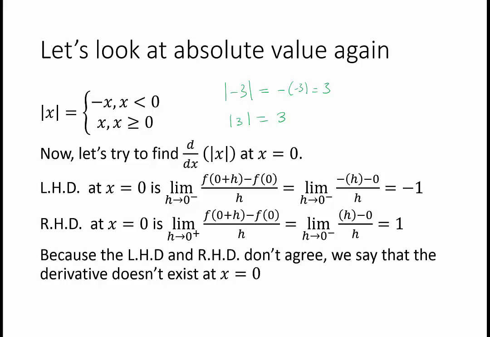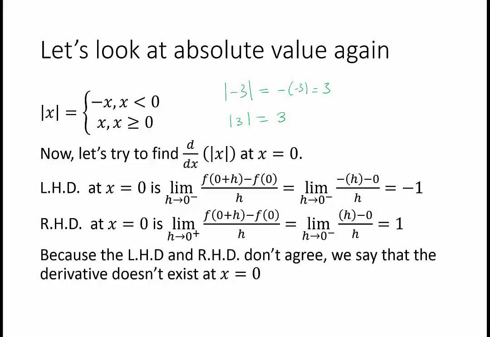When I do the derivatives in this manner, I get a left-handed derivative that says, okay, I am going to find the value of f of 0 plus h, but h is slightly smaller than 0. It's negative, so I'm going to have to use this definition to fill in the gap.